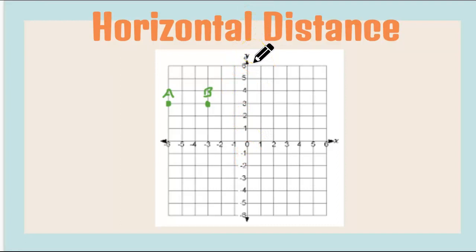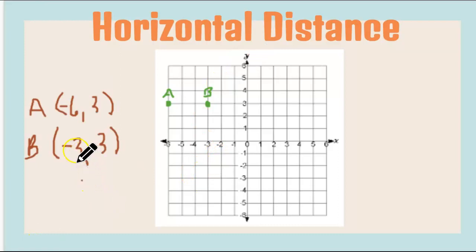So let's see the coordinates of A and B. Remember, the point will always be x, y. I hope you remember our lesson, it was just a while ago. For A, the x is -6 and the y is 3. And for B, the x is -3 and the y is 3.